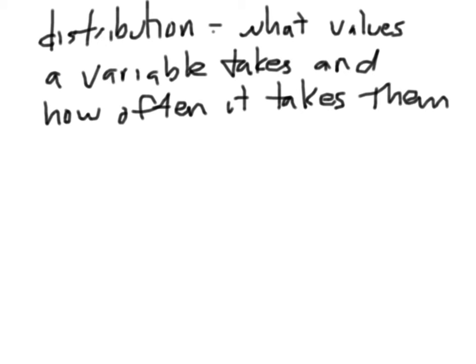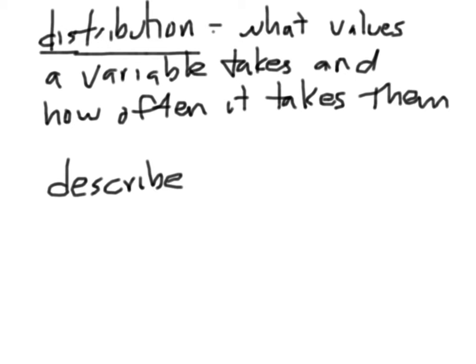When you think about that term distribution, it's a really general term. We're not going to say the distribution is 14 or the distribution is big. To describe a distribution you really can't just do it with one word or one number.